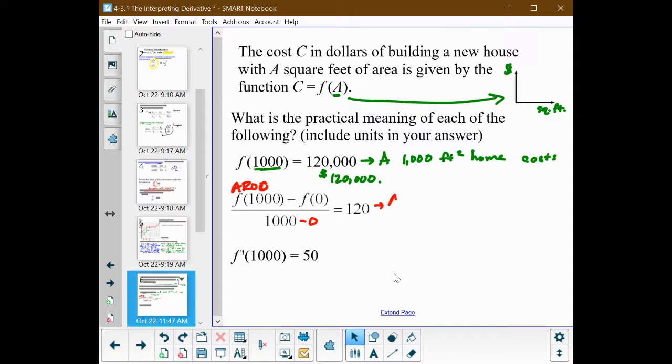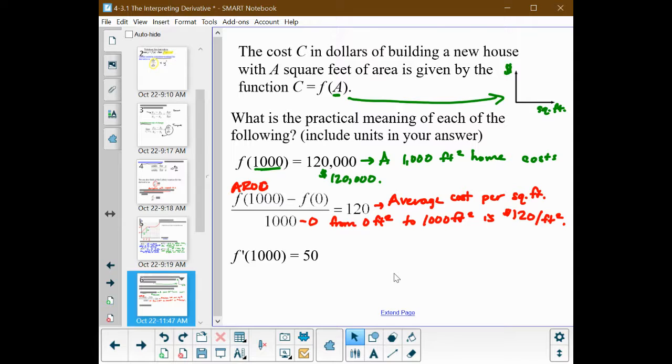So what this is telling us is the average cost per square foot from 0 square feet to 1,000 square feet is 120, and now this is the average rate of change, so it has to be as a rate, dollars per square foot.